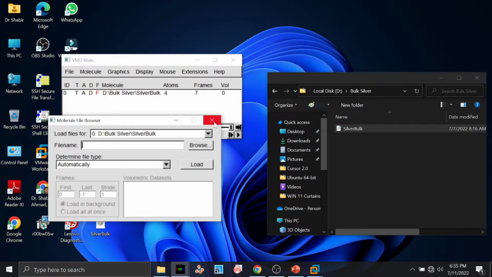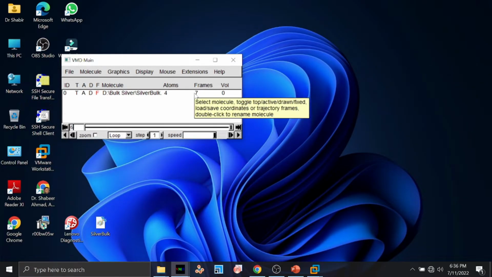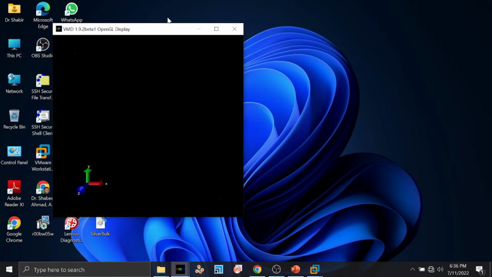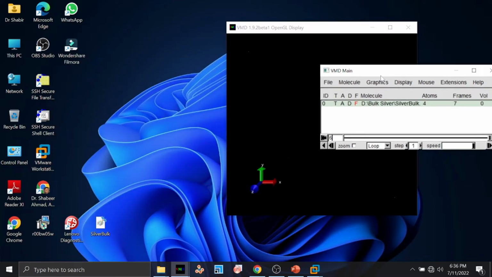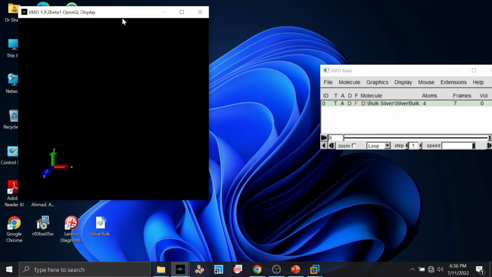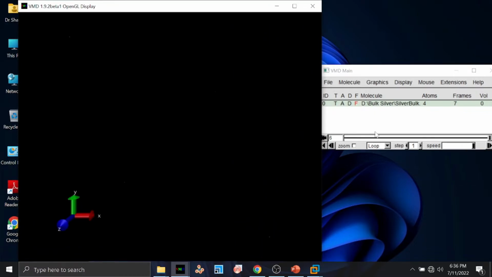So here you can see it shows 7 frames. This means this geometry is basically optimized from the high energy state to the ground state in 7 steps.